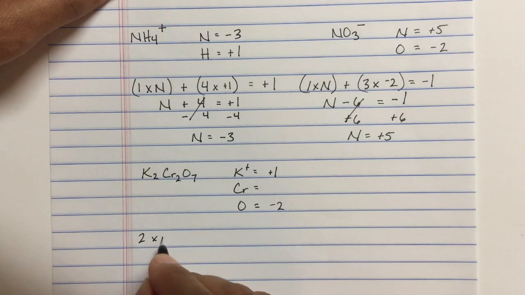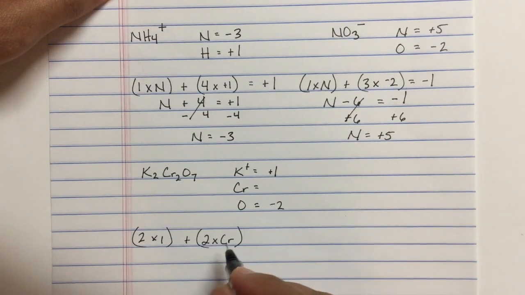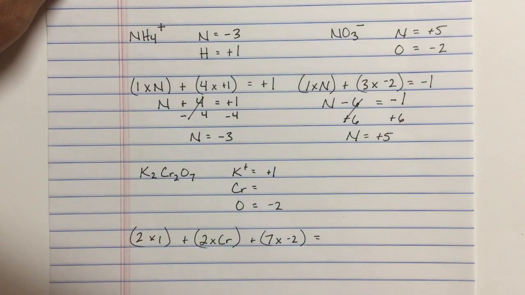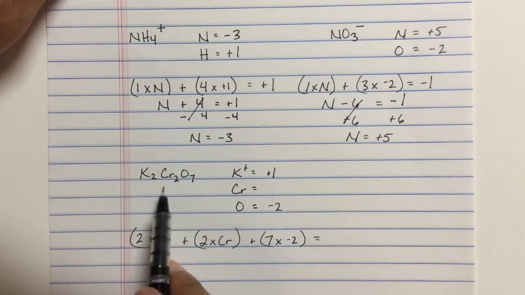2 times the potassium, 2 times 1, plus 2 times the chromium, which is what we're looking for, plus 7 times the -2 for the oxygen. Potassium dichromate is an ionic compound.